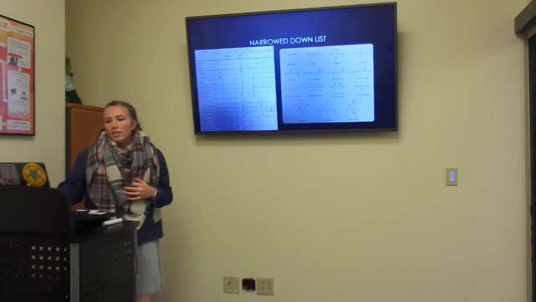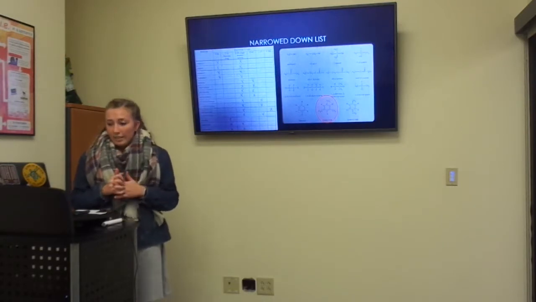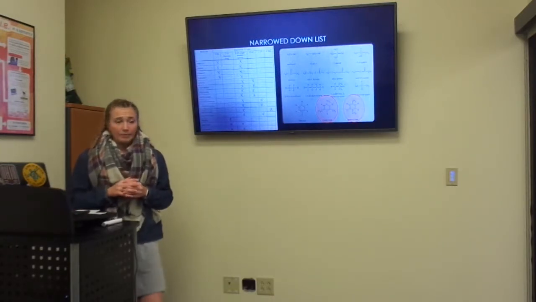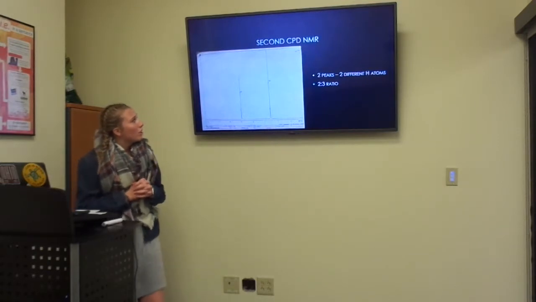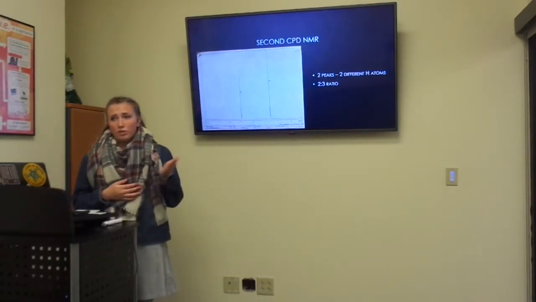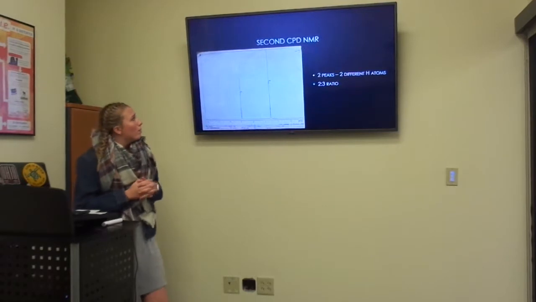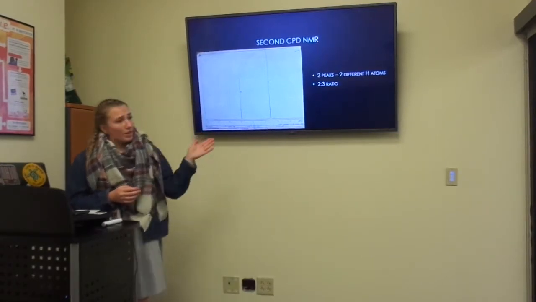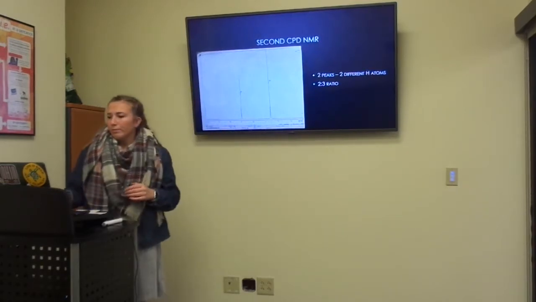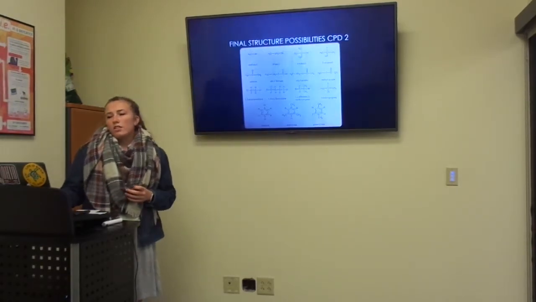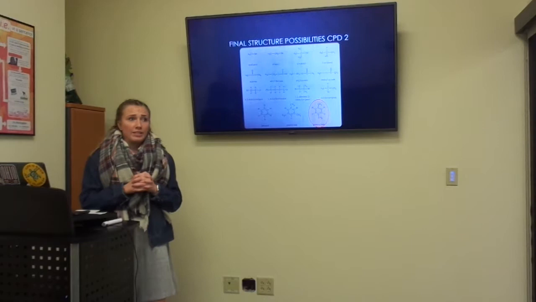So the narrowed down list goes to mesitylene and paraxylene. The second NMR spectroscopy shows that there are 2 peaks, which means there's 2 different H atoms. The peak ratios are 2 to 3, showing the different types of specific H's. This leads to the final structure possibility being paraxylene.